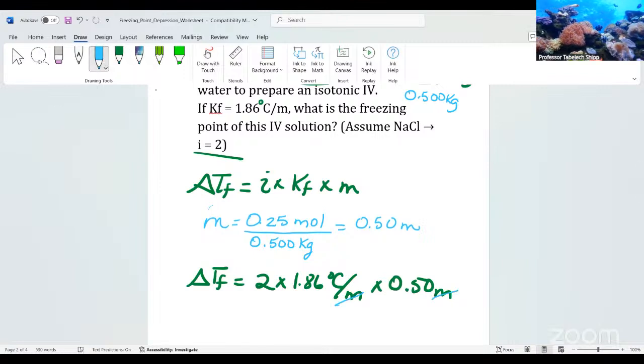Let's just plug these into our calculator. 2 times 1.86 times 0.50 gives us 1.86. So our delta T of F, which is our freezing point, is equal to 1.86 degrees Celsius. That is our final answer for this particular problem.